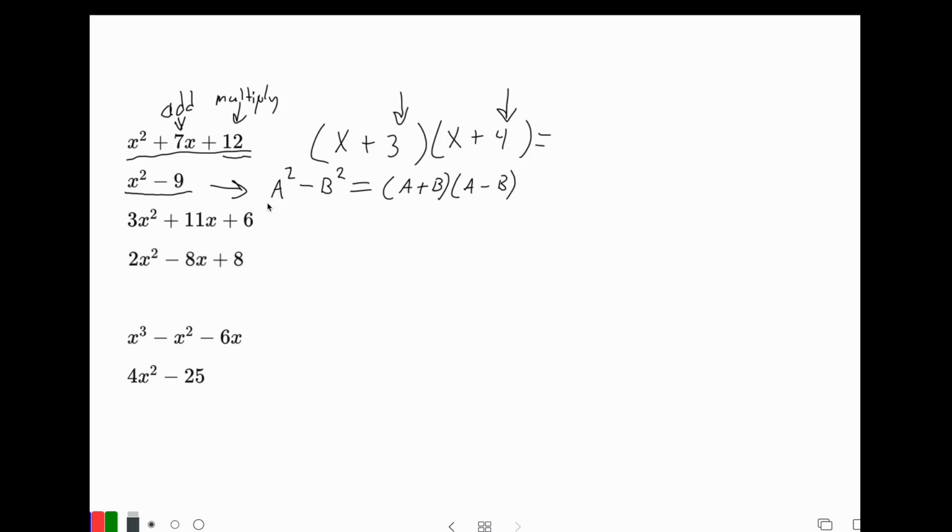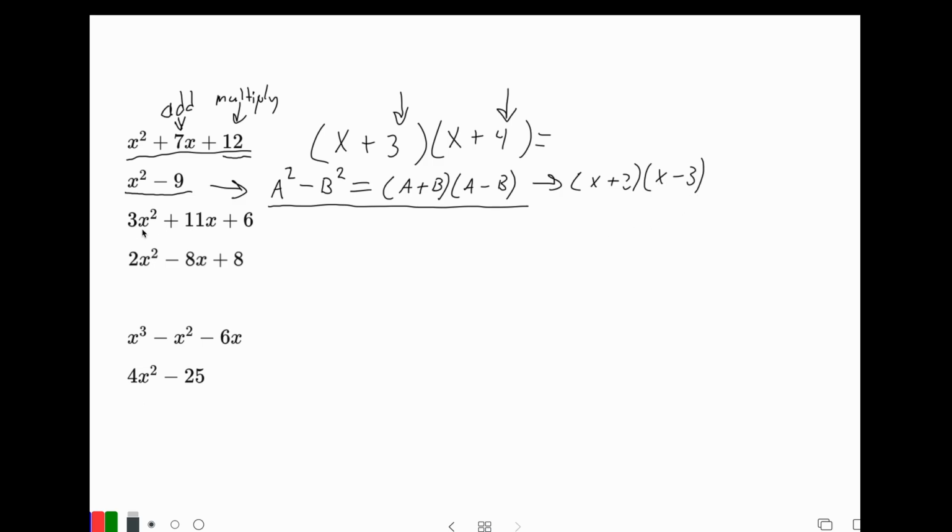That is just a general formula for the difference of squares. Get very familiar with this, because it's such a handy shortcut to factoring this type of thing. In this case, a is x, and b is 3, because it's 3 squared. So it's very simple: x plus 3, x minus 3.